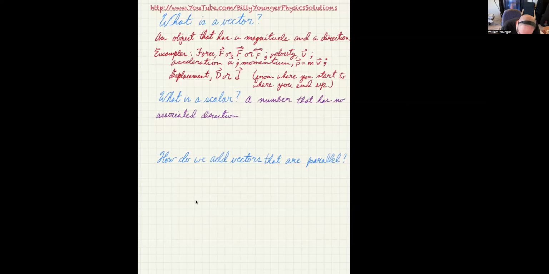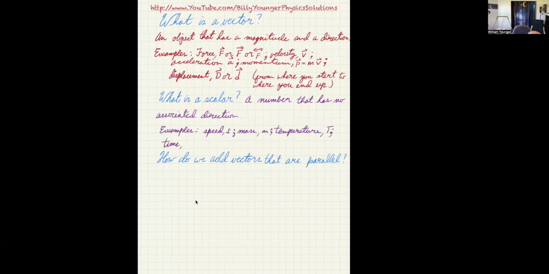And examples are speed, S, mass, we use the symbol M for, temperature, which we use the symbol T for, and time, which we use the symbol lowercase t for.